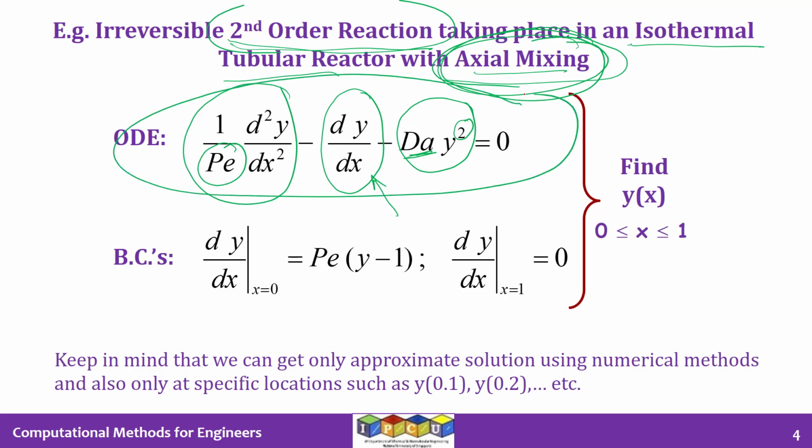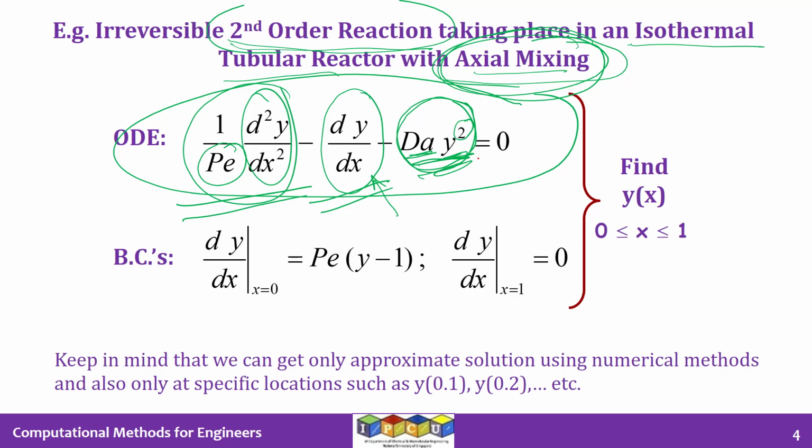So it's a second order ODE because the highest derivative is of second order, and it is non-linear because of this term. Other terms are linear. This is a non-linear term because we have y squared, right? Y is the dependent variable and y squared will make this term non-linear, rendering the whole ODE non-linear.